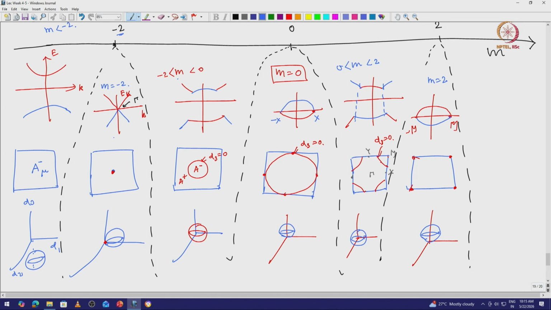And finally, you will have a trivial insulator for m greater than 2. So, everywhere it will be the same.